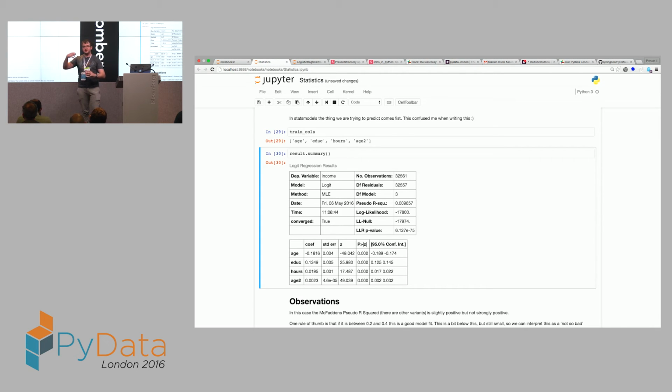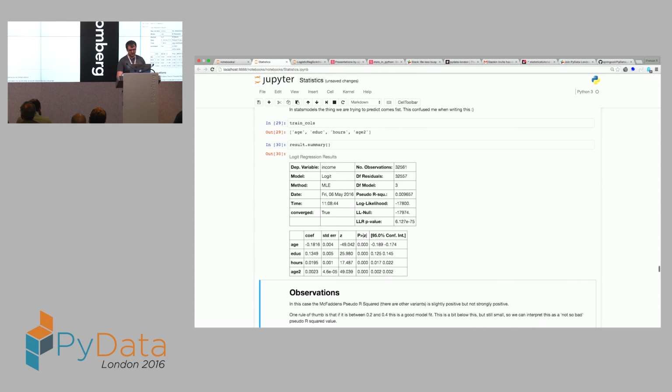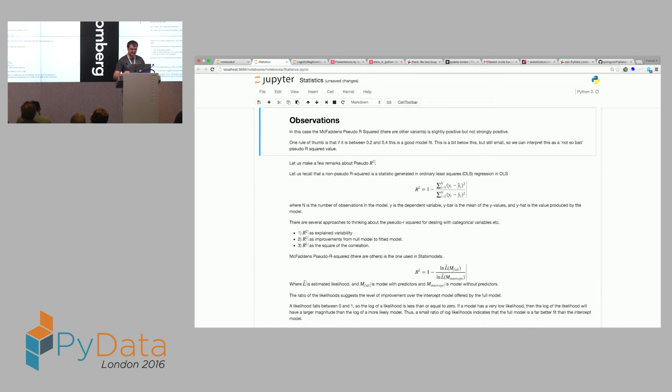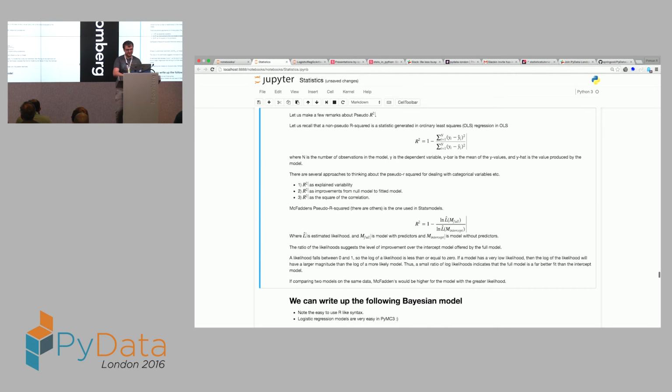You have to apply a different version called a pseudo R-squared. The same kind of rules apply, with rules of thumb. In Statsmodels, it's McFadden's pseudo R-squared value. There are other pseudo R-squared values. As you can tell, I really enjoy reading this stuff, and I've included it in the code for a reason.